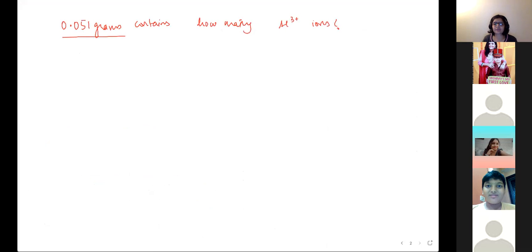Cool. The formula of aluminium oxide is Al2O3. So molar mass of Al2O3, if you calculate, you get 2 into 27 plus 3 into 16. You got, how much did you say? 102 grams.